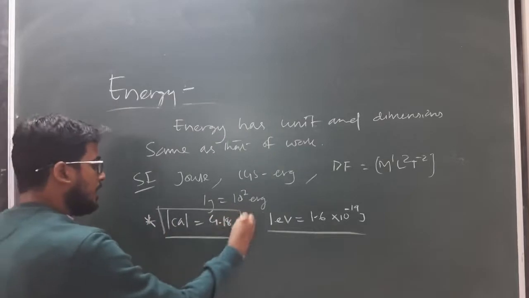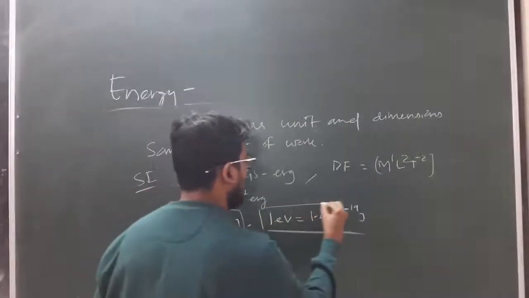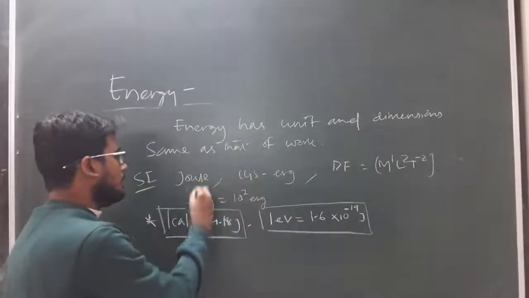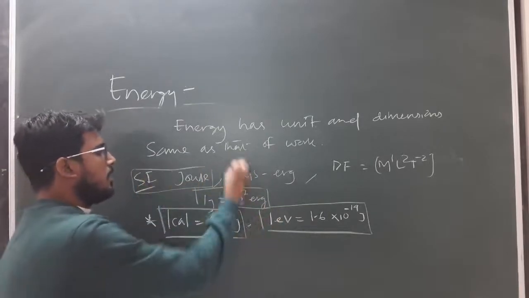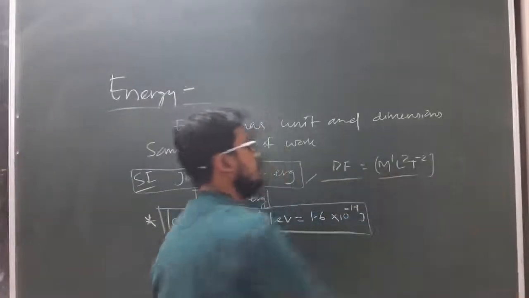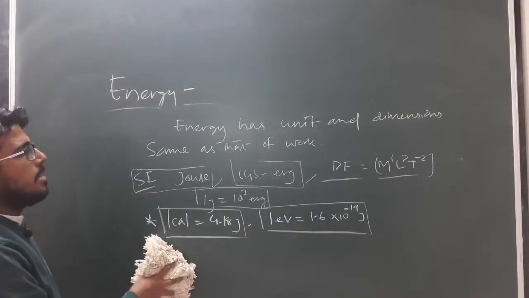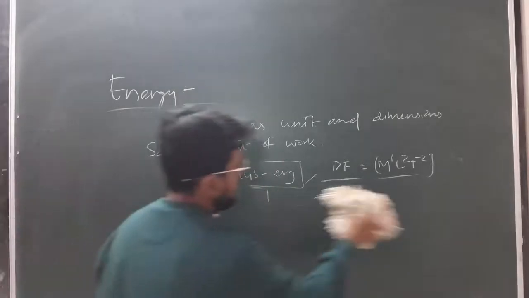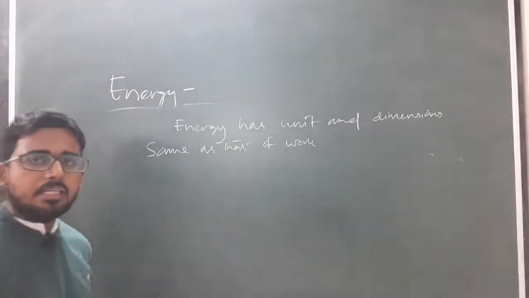And the basic relation is 1 joule equal to 10 to the 7 erg, where joule is the SI unit of energy and erg is the CGS unit of energy, and this is the dimensional formula of energy. So as energy is the ability to do work, energy has the same dimension and unit as that of work. Clear? So if someone has energy, then they have the ability to do work.